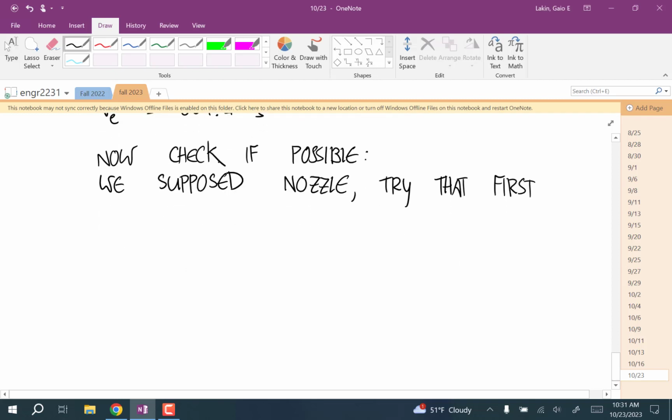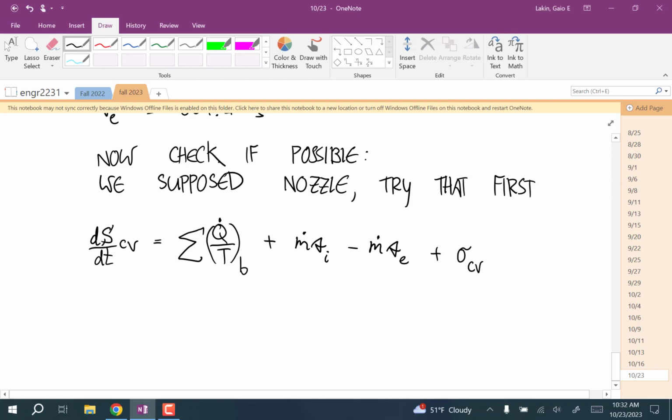Okay, so the second law for the control volume says ds dt for the control volume is equal to the sum of all the rates of heat flow divided by the temperature around the boundary plus m dot times the specific entropy at the inlet minus m dot times specific entropy at the exit plus the rate of entropy production.